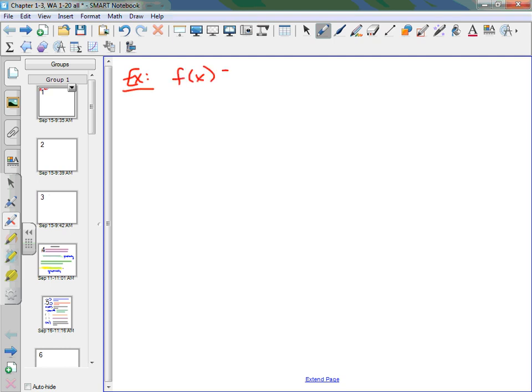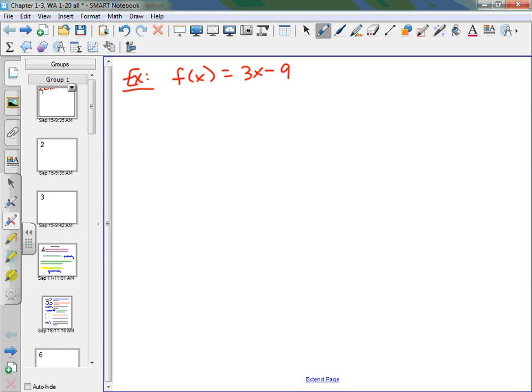So, my first example. F of x is equal to 3x minus 9. I'm going to kill domain because it's very, very important. So what is the domain of this thing? 3x minus 9. What rule am I using?